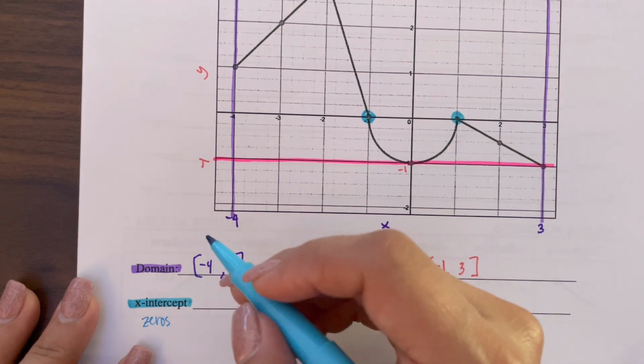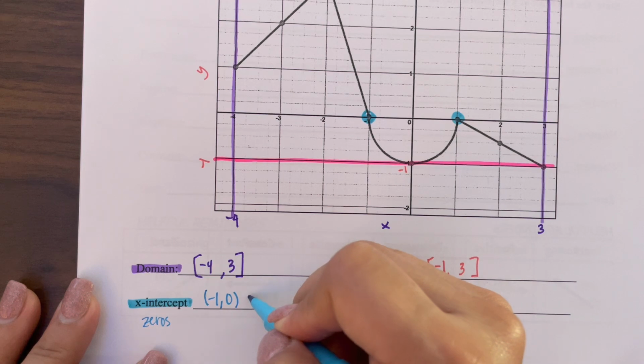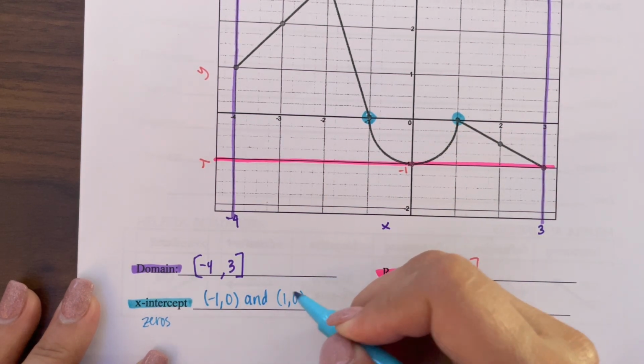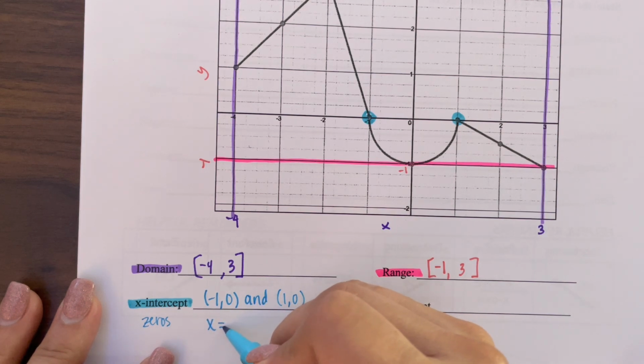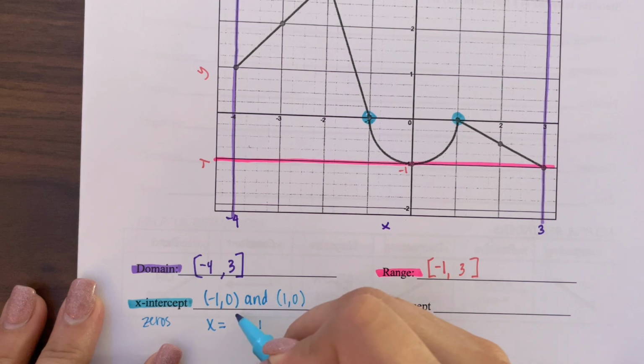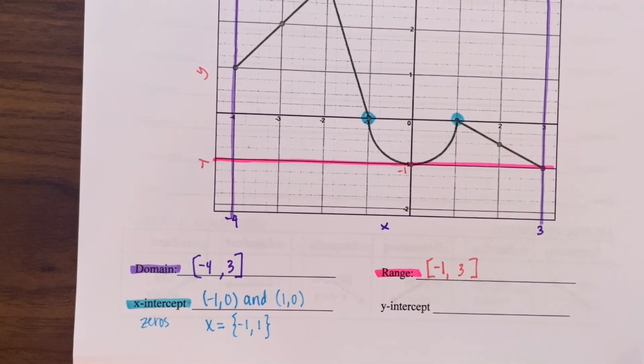So my answer is -1 and 1, 0. Sometimes you see the notation for your x-intercepts to be -1, comma 1, but making it with a little brace to form a set.